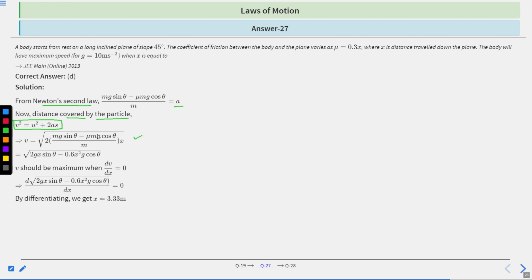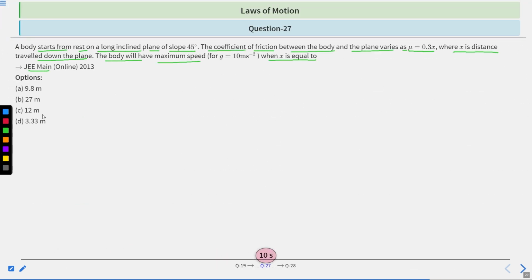Solve this equation and take v to be maximum when dv upon dx equal to 0. Solving by differentiating, we get x equal to 3.33 meter. We will provide only the technique to solve this question. So the correct answer is D, 3.33 meter.